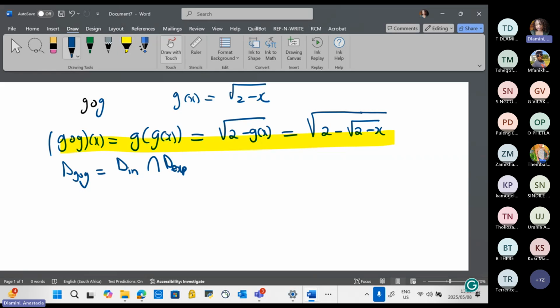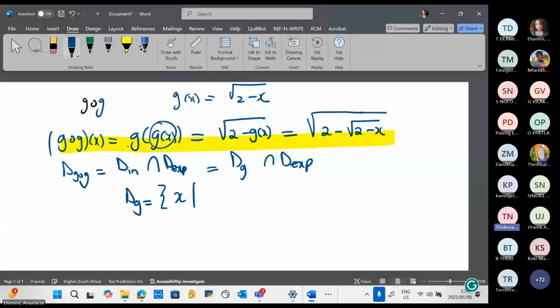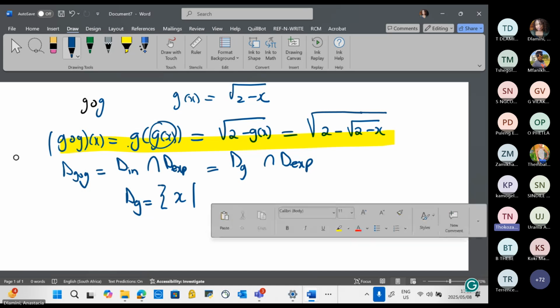So let's find the domain. What is the inner function? In this case, the inner function is g because it's inside g. Now, what is the domain of g? Let's start with the domain of g. We say x such that x must be less than or equal to 2.